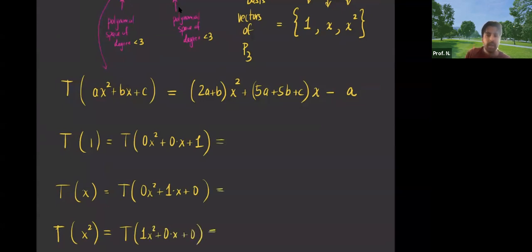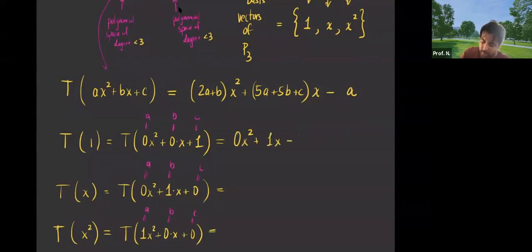So what matters is what a, b, and c are. Here, this is a, this is b, this is c, and so on for each one. So using these values for a, b, and c, I can find what the result would be. For the first, a, b is 0, so this would be 0x squared. A, b is 0, but c is 1, so this is 1x.